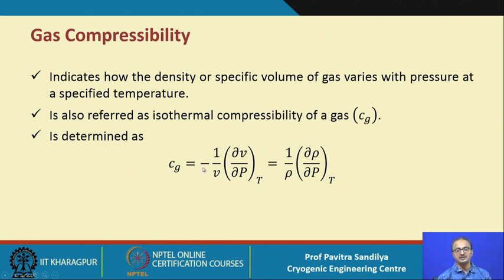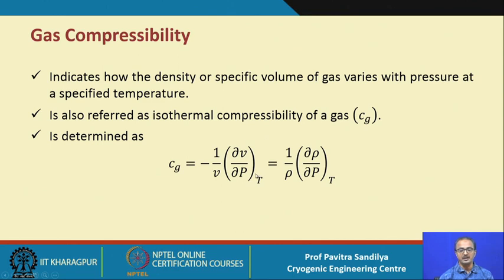Contrast it with the density: because density is the reciprocal of the specific volume, density will increase with increase in pressure at a given temperature, so there is no need of putting any negative sign. We find that in this expression there is no negative sign.